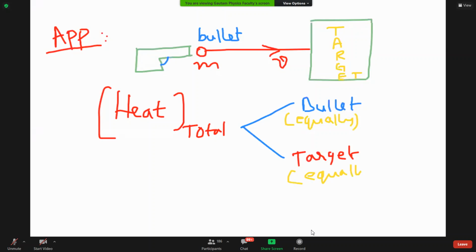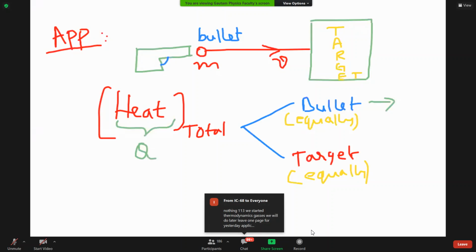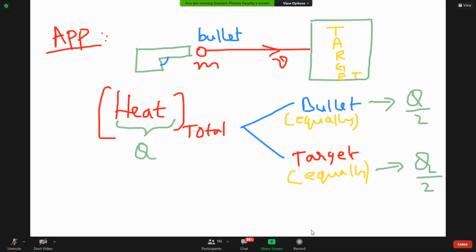Suppose I call the total heat Q. Then the bullet gets Q by 2, and the target also has heat energy Q by 2. They have given it like that in the question.